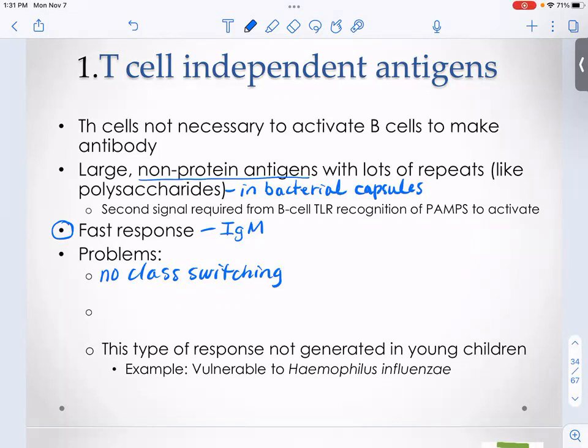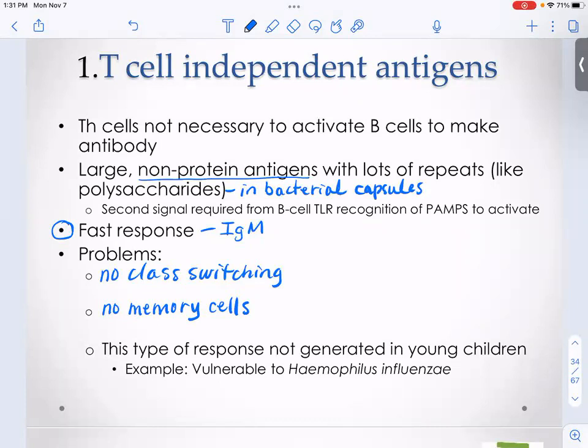So it's only IgM antibodies that are produced, and we get no memory cell production. And maybe that's okay because it is a faster response. But the next time we see, say, that bacterial capsule, it's going to take the same length of time.